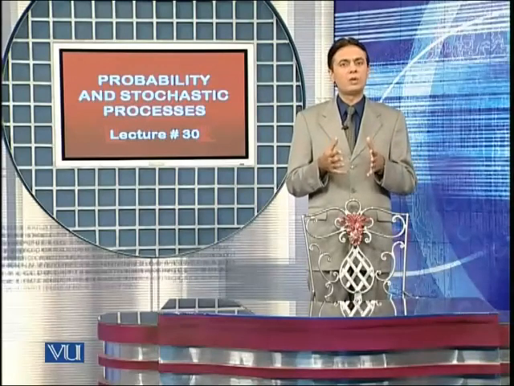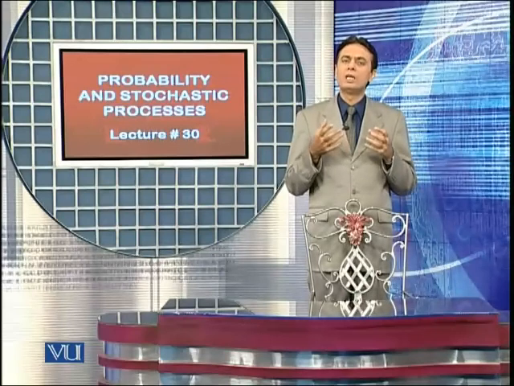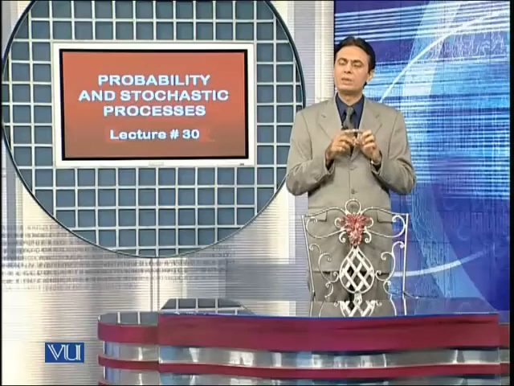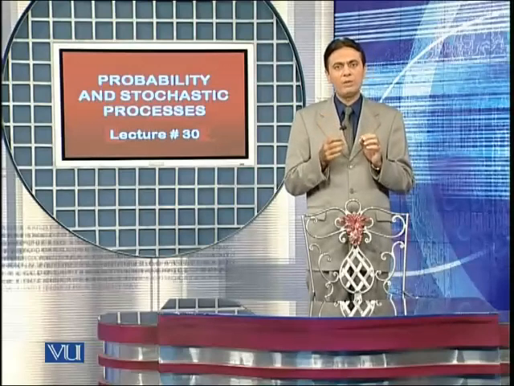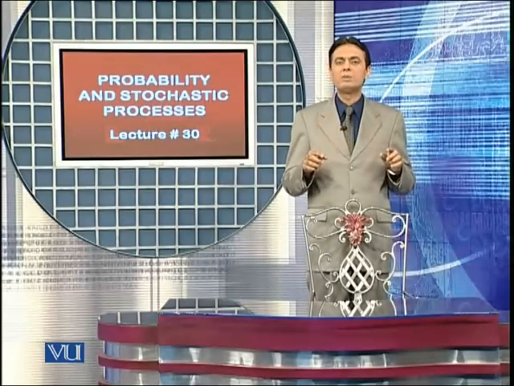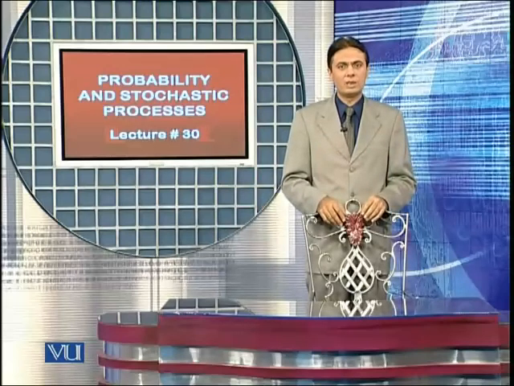Then we saw that if we keep increasing the number of independent and uniformly distributed random variables in the definition of sum z, the shape of the characteristic function of z approaches a bell-shaped curve, or it also becomes a Gaussian random variable.